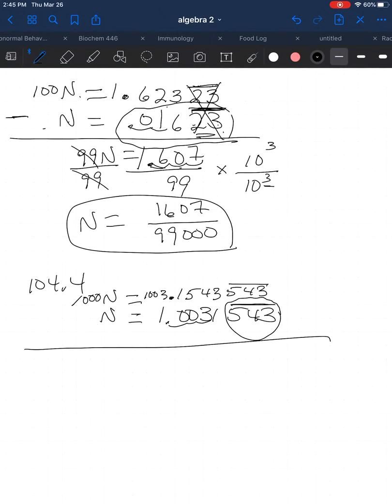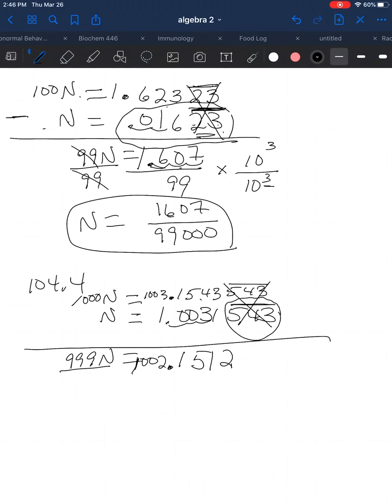All right, now this time it's 1,000n minus 1n, which is 999n. And over here, the 543's will cancel. So we have 3 minus 1 is 2, 4 minus 3 is 1, 5 minus 0 is 5, 1 minus 0 is 1, 3 minus 1 is 2, 0, 0, 1.